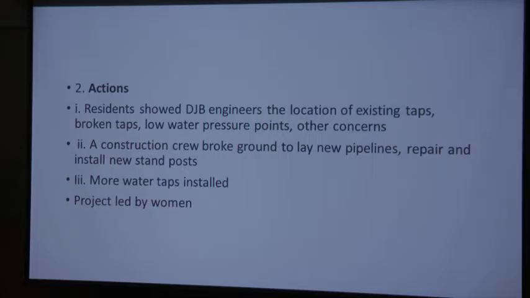So this wouldn't have happened without on-the-ground public participation GIS, which drove action, research, and demanded change and accountability from the government.